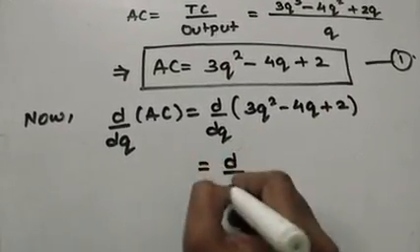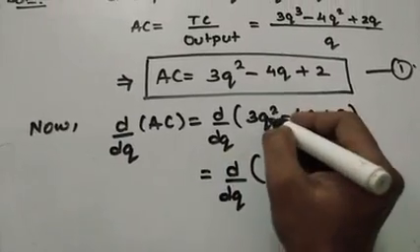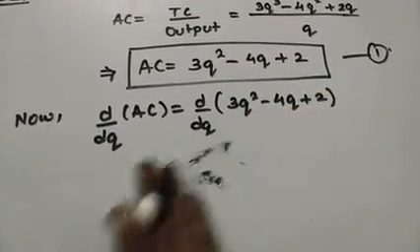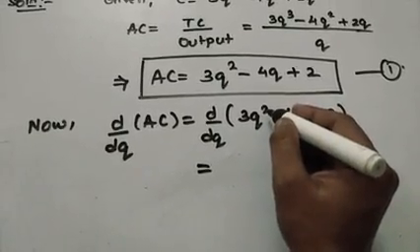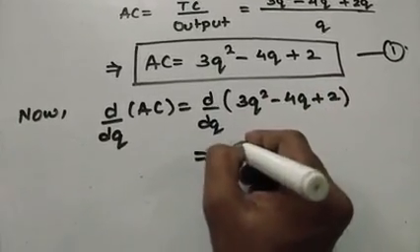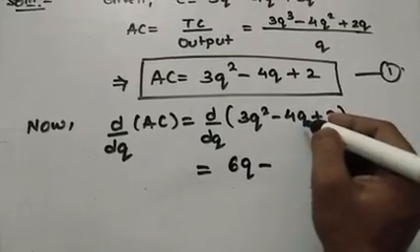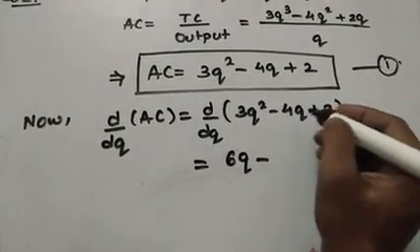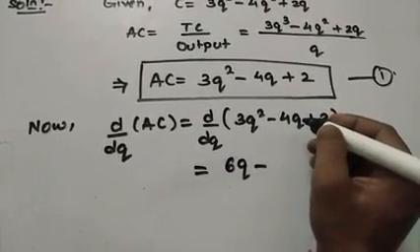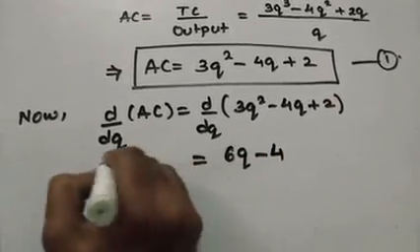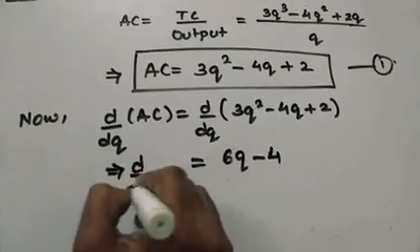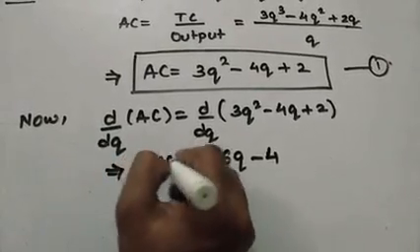The derivative of q square is 2q, that is 2 into 3, 6q. The derivative of q is 1, similar to how the derivative of x is 1, so this is 4. So this is nothing but d/dq of AC.